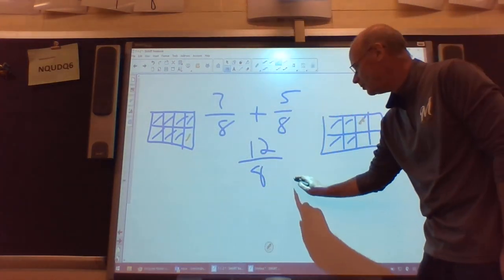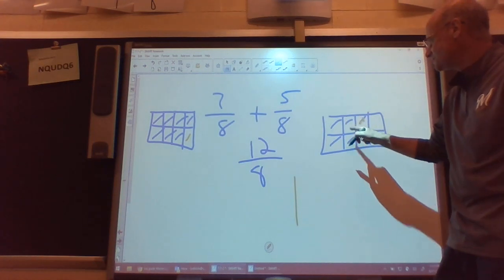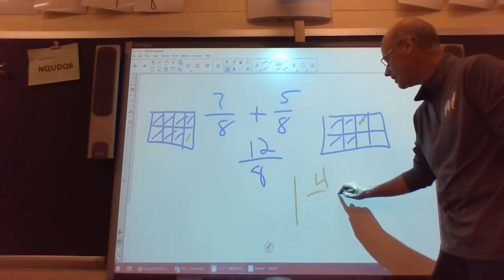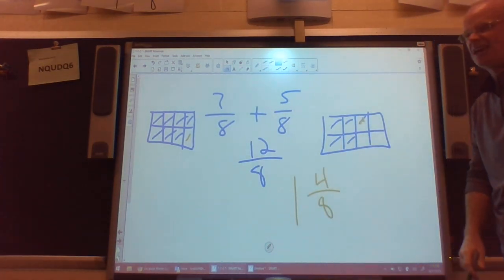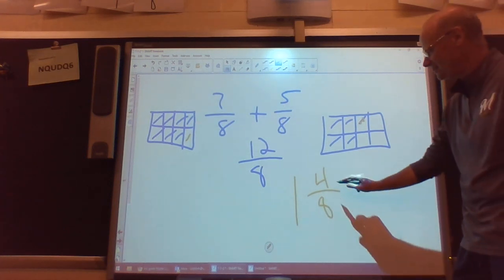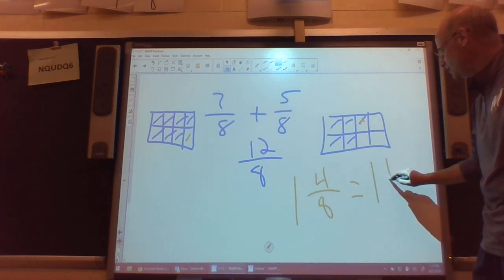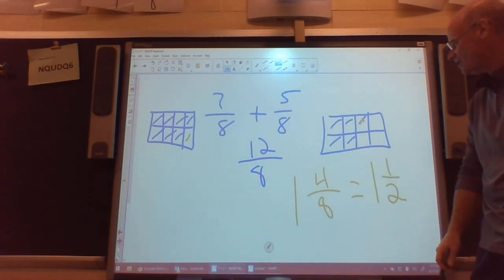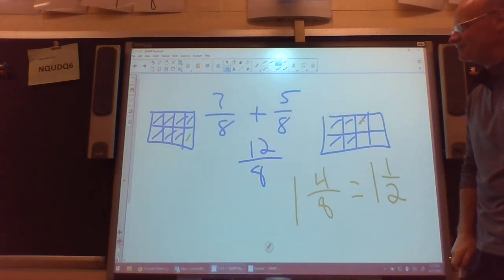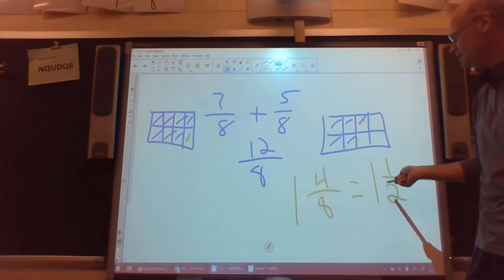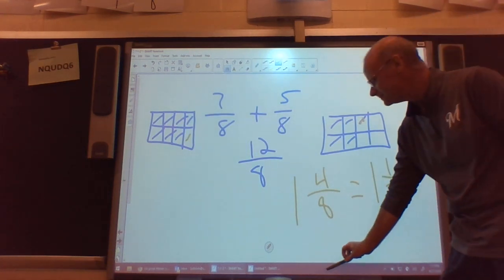Then I'm going to have 1 whole and 4 left over out of 8. Then someone else is going to say, you know what? I know 4 out of 8 is equal to 1/2. So I have 1 whole and 1/2. So 7/8 plus 5/8 is equal to 1 whole and 1/2.